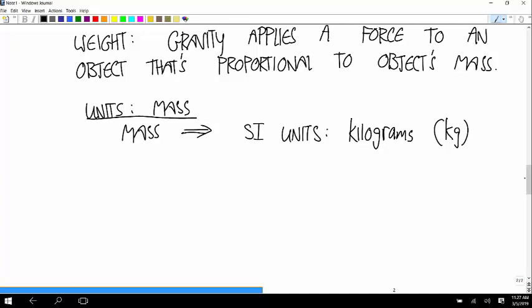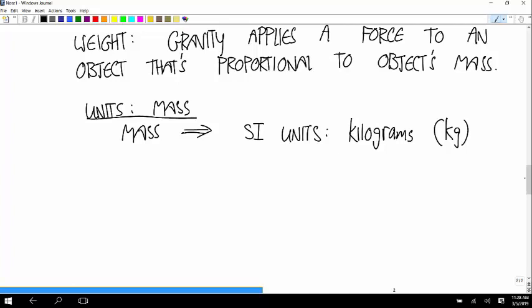This is a sort of funny thing about mass. I said what mass really is, is a resistance to acceleration. It's a measure of how hard it is to make something's velocity change. And you can measure that. If you know the constant of proportionality, you can measure the mass by measuring the weight.